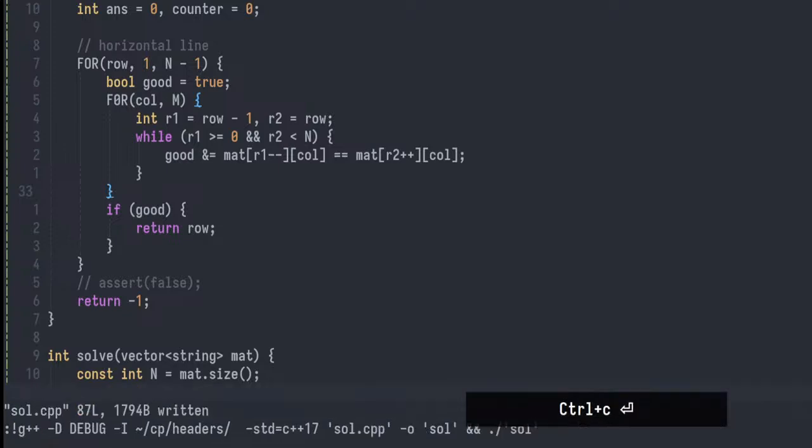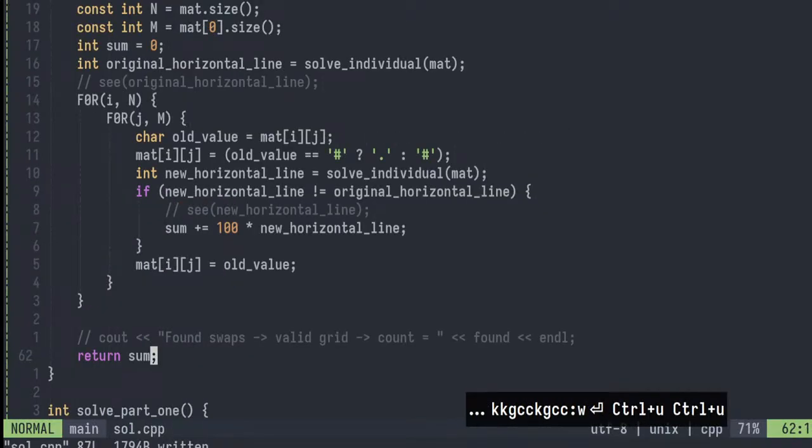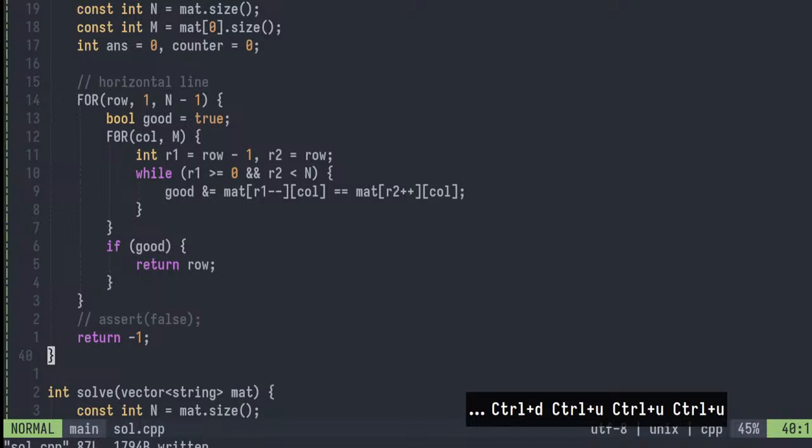Let's check. Still wrong. And why is it overflowing now? 10 minus 1.